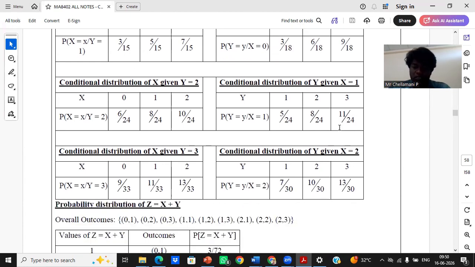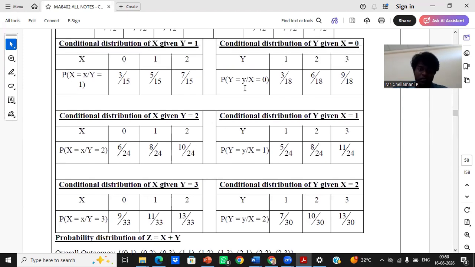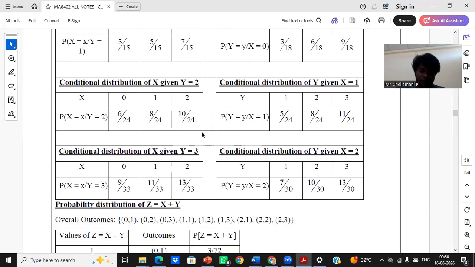Similarly, for x is equal to 2, we get 7 by 30, 10 by 30, and 13 by 33. So this is our third subdivision of conditional distribution.